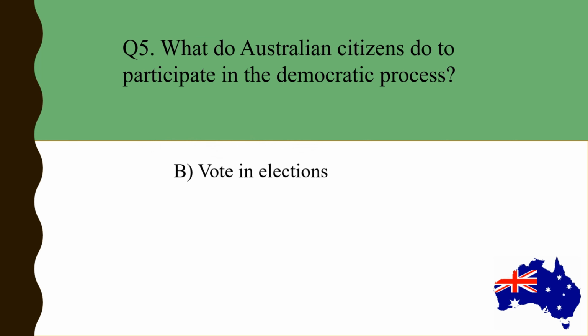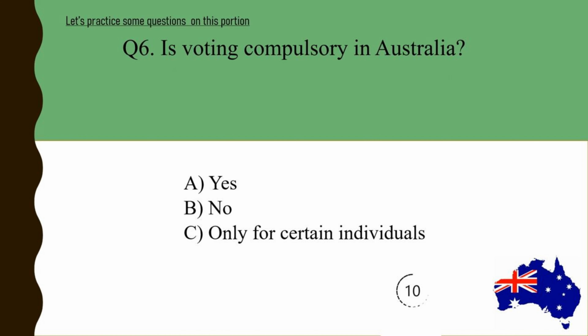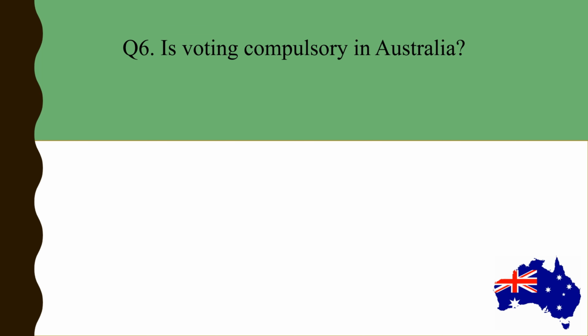The answer is B. Vote in elections. Question 6. Is voting compulsory in Australia? The answer is yes.